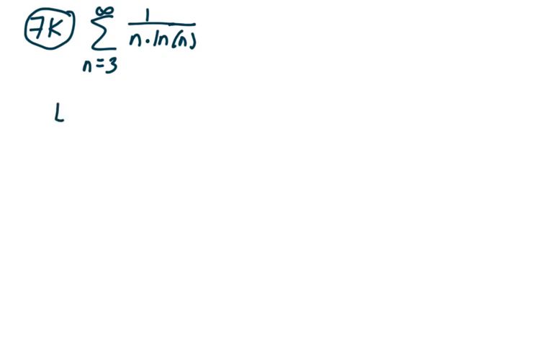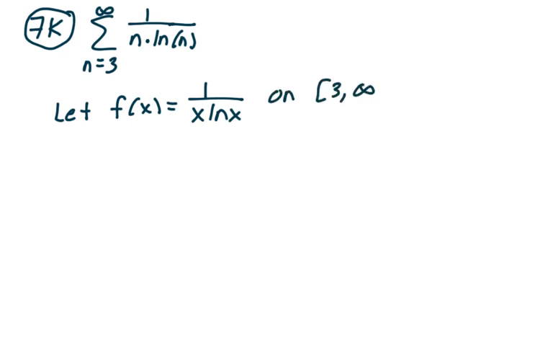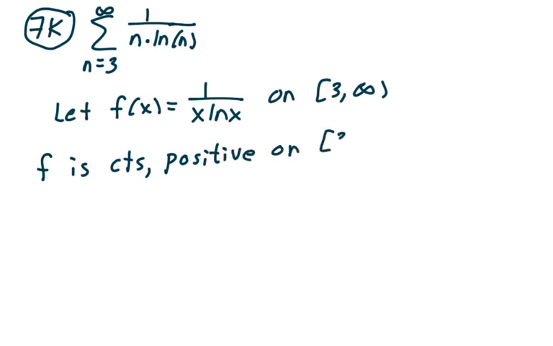Now, what I'm going to do is I'm going to let f of x equal 1 over x ln x on 3 to infinity. So f is continuous and positive on 3 to infinity.